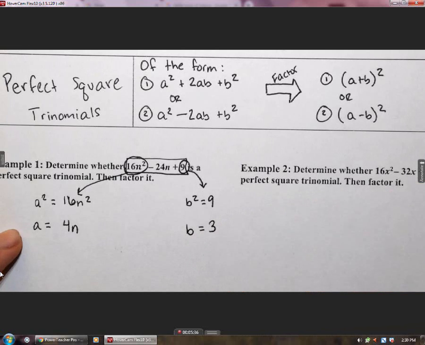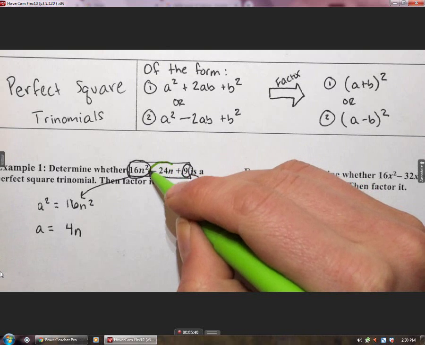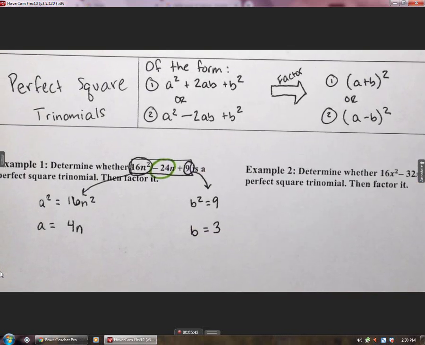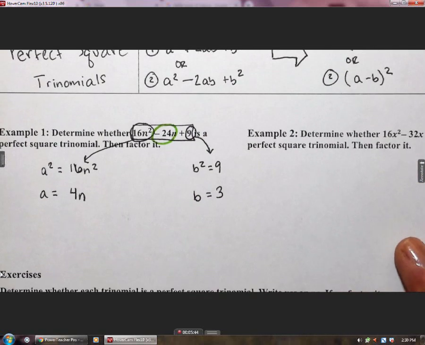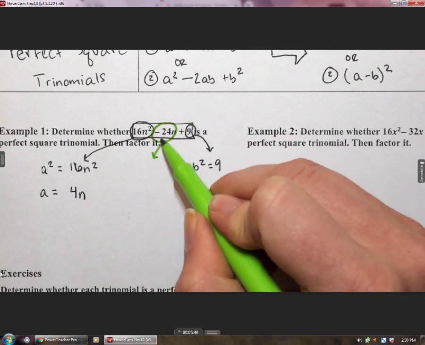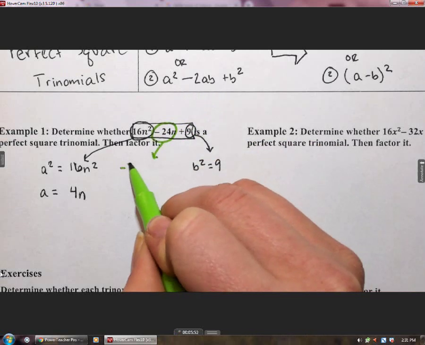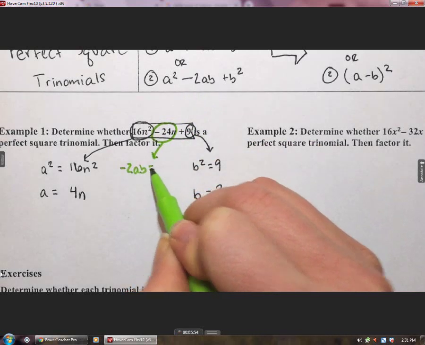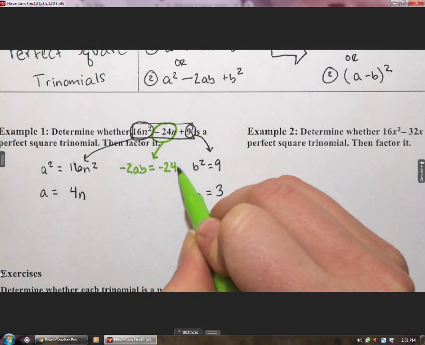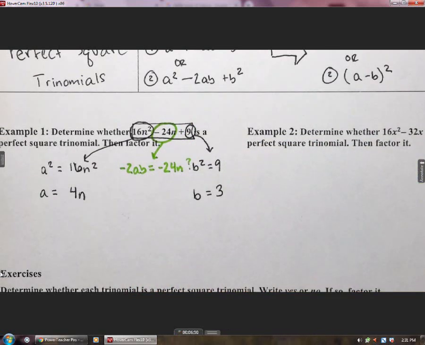Now here's where you have to check it to make sure that it's actually right. The middle one is probably the most work to check, but it's not that hard. I am checking to see, does this match my middle term? So does negative 2ab equal negative 24n? You're asking that question. I'm even going to put a question mark by it.